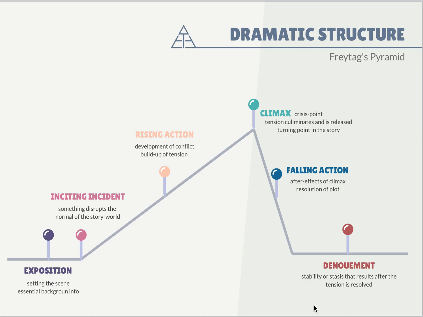There's some kind of endpoint and we've come back to a normal of sorts, although it doesn't have to be the same normal where we started. And it doesn't necessarily have to be even good or happy, right? It just means that we recognize that the trajectory of events that was occurring during the story has now reached its end.